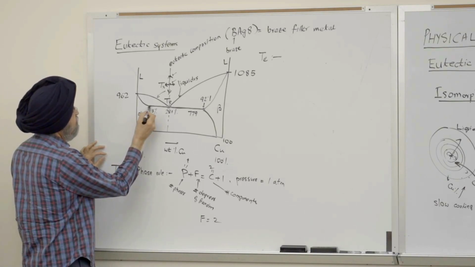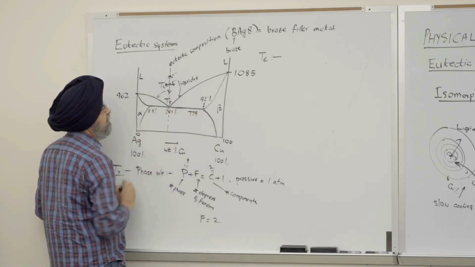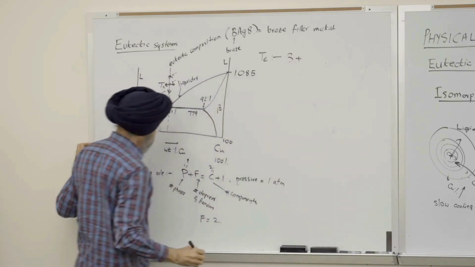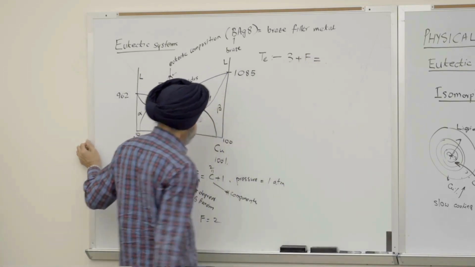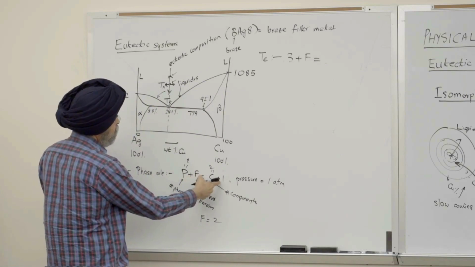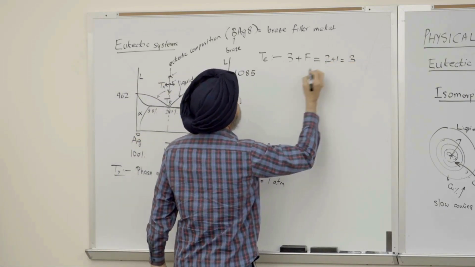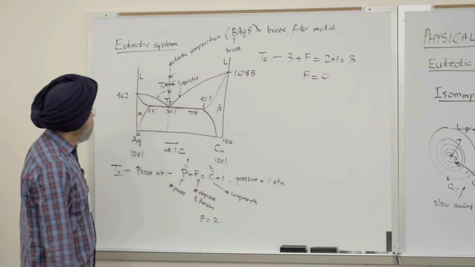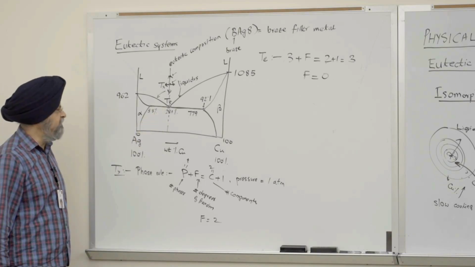Alpha with this composition, beta with this composition, and liquid with that composition. So the number of phases is 3. We have F for the number of degrees of freedom, and the C stays at 2, so 2 plus 1 is equal to 3. So F is equal to 0. So at the eutectic point, I have 0 degrees of freedom.